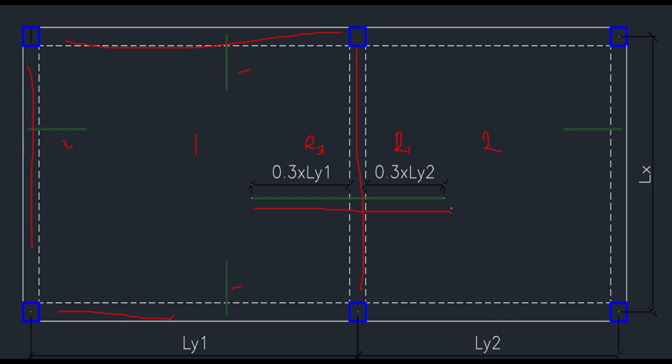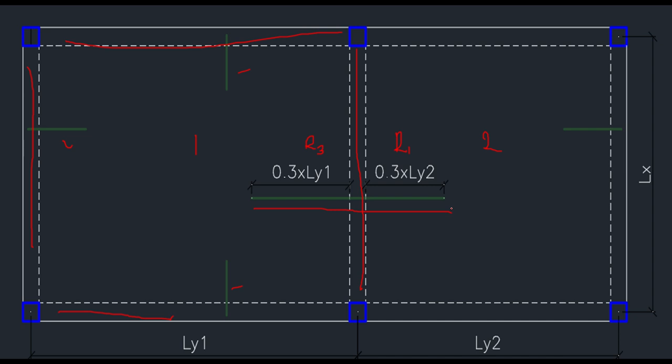So this is a simple way in which you can detail a two-way slab or a one-way slab. The major difference between both of them is that in a two-way slab, the main reinforcements are actually 6 in number, the maximum you can have if all the edges are continuous.